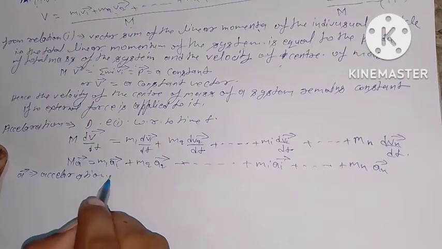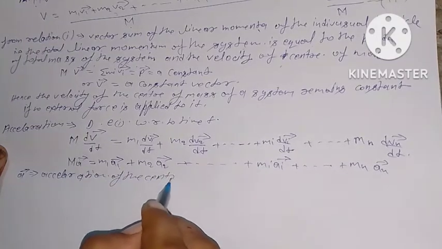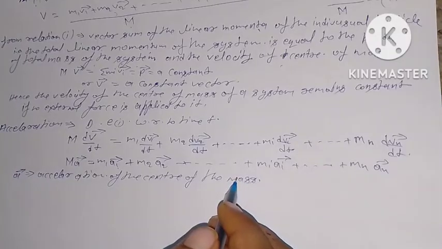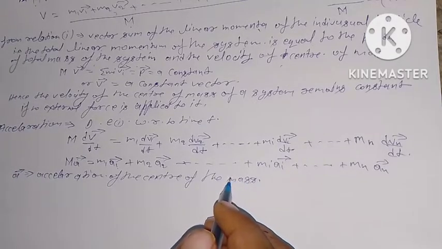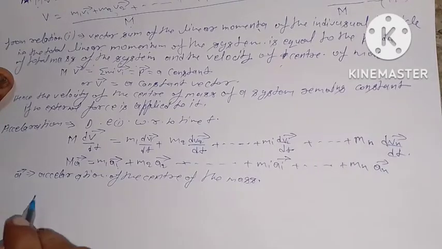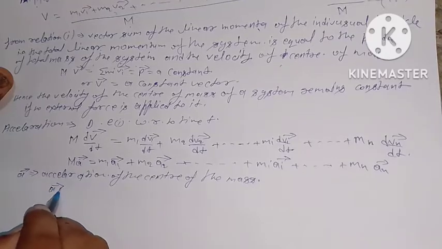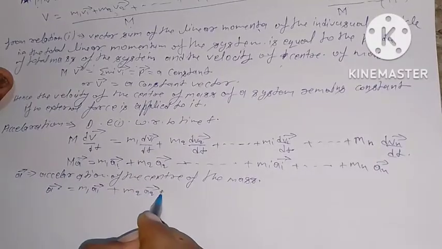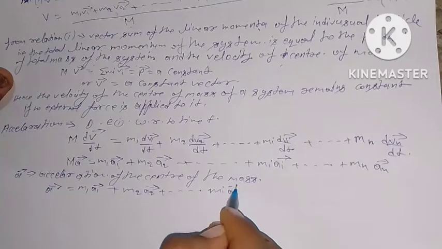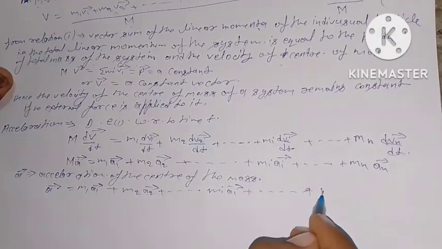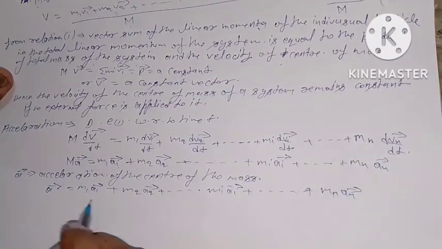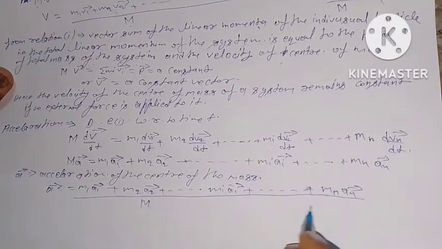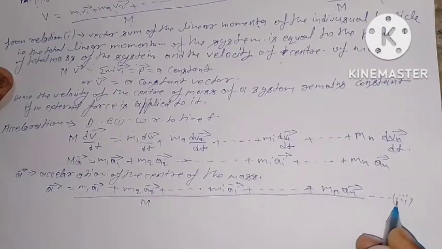The acceleration of the center of mass is given by vector A equal to m1 a1 vector plus m2 a2 vector plus ... plus mi ai vector plus ... plus mn an vector, whole upon capital M. This is equation number 3.